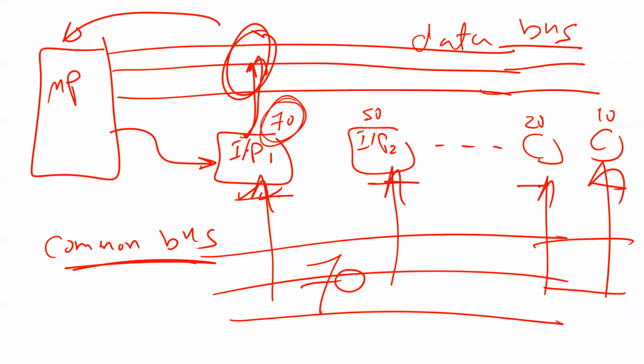So now you should understand what I mean by bus. We have the data bus, right? It's shared, but only one device should use it at each time. And how can we do that? Using the address bus.